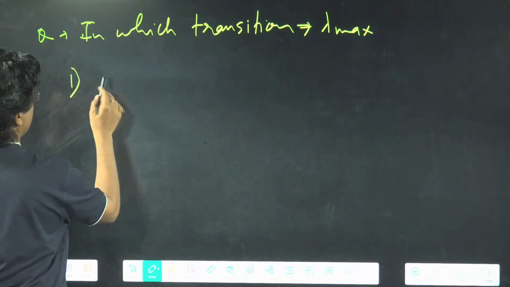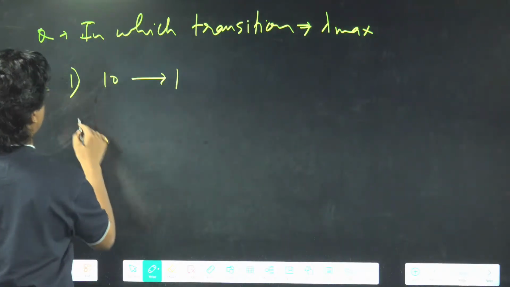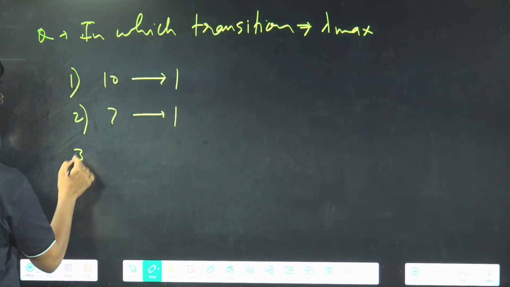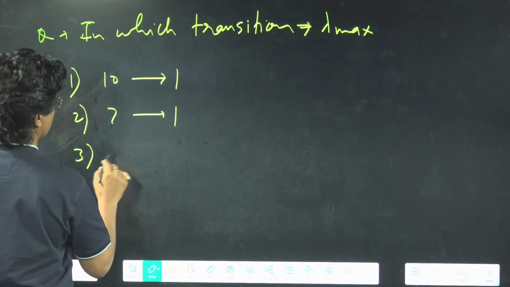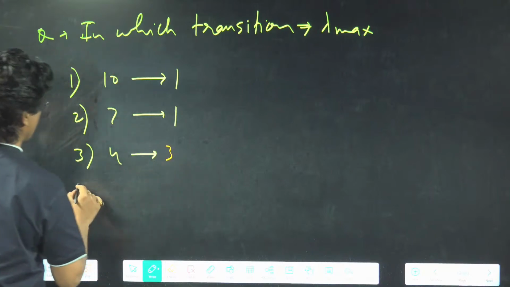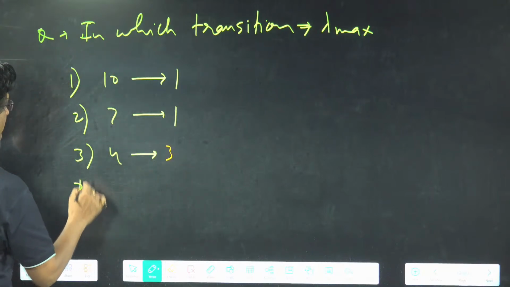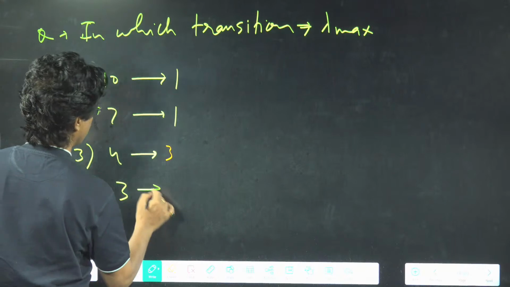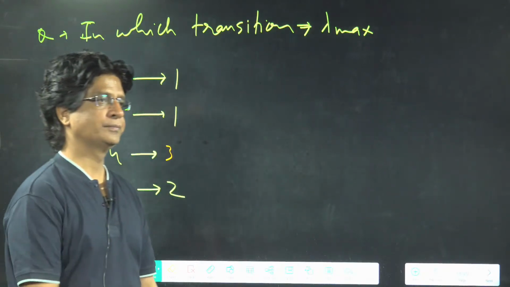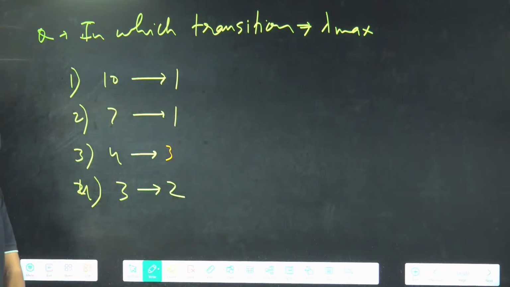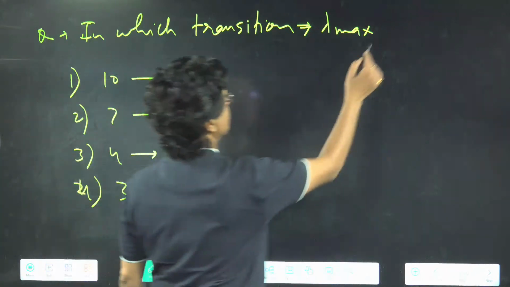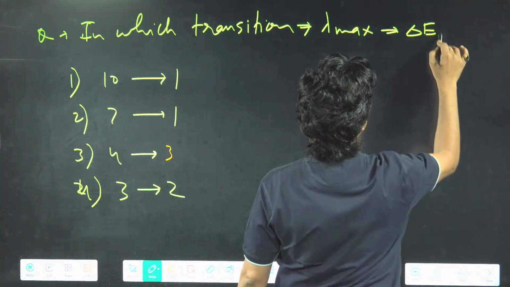First option is from 10 to 1, second is 7 to 1, third is 4 to 3, and fourth is from 3 to 2. Come on, 3 to 2. In which case do you believe you will have lambda maximum? Lambda maximum actually means delta E should be minimum.